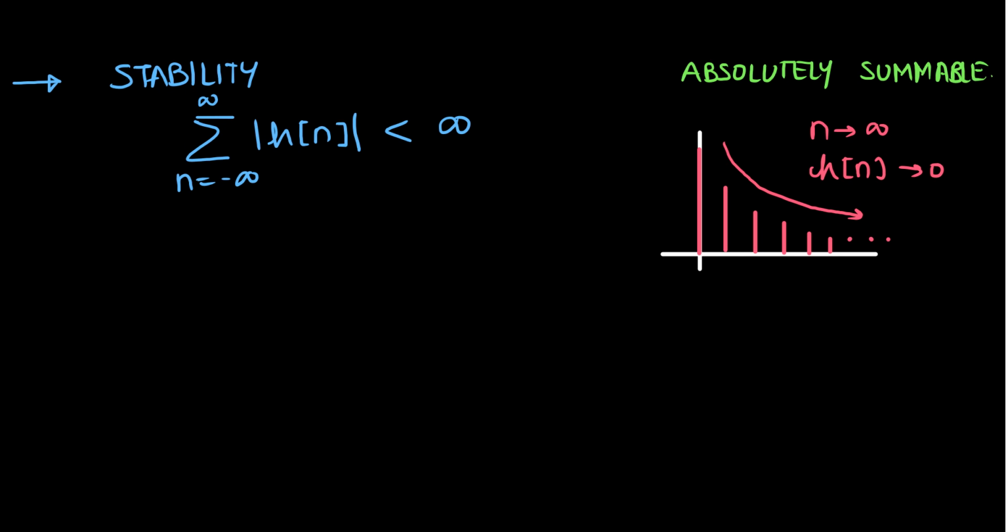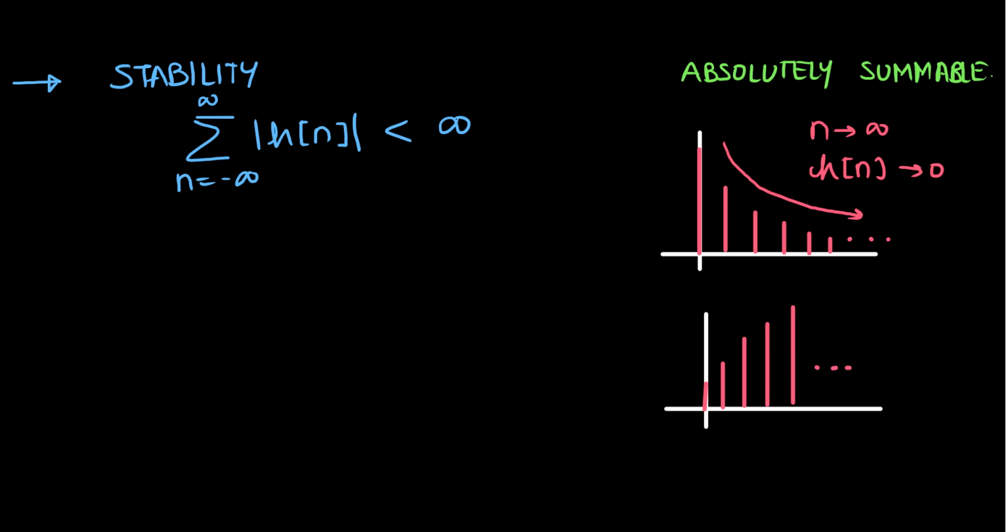Now let us consider the second case, which is exactly opposite of this. Instead of having a decreasing filter, let us consider an increasing filter, in the case of causality itself. So we have a filter which is something like this, and so on.